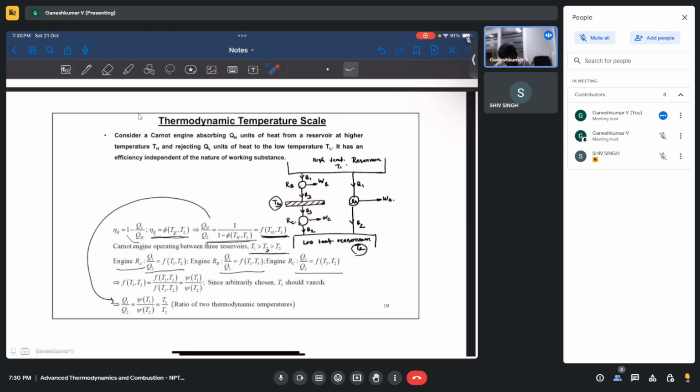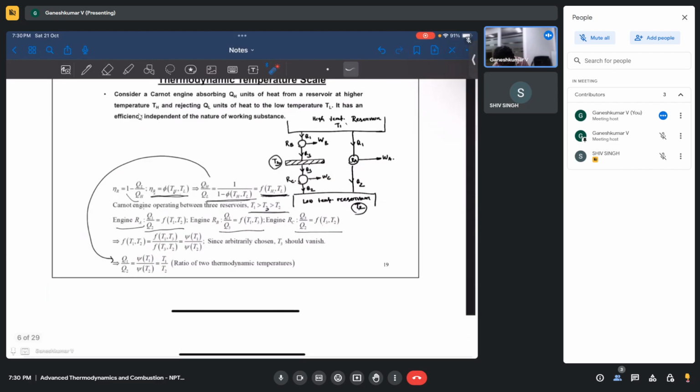Basically you are dividing it into two, and now you have two kinds of work coming out. So now if you find the efficiency, then QL by QH is a function of temperature, some function of temperature. So QL by QH is also a function of temperature, right?